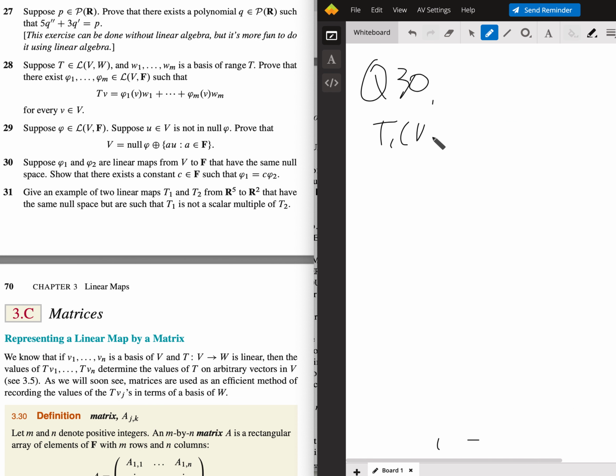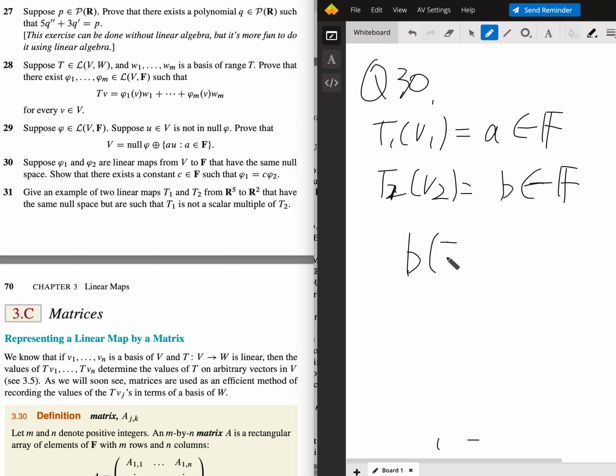Let's say T1 V1 is equal to A in F, and T1 V2 is equal to some B in F. Then B times T1 V1 minus A times T1 V2 will be 0, right?